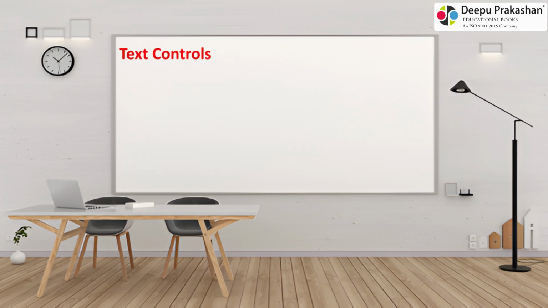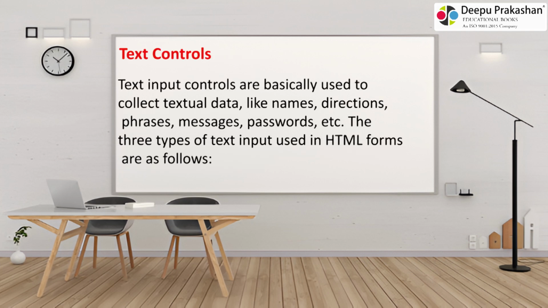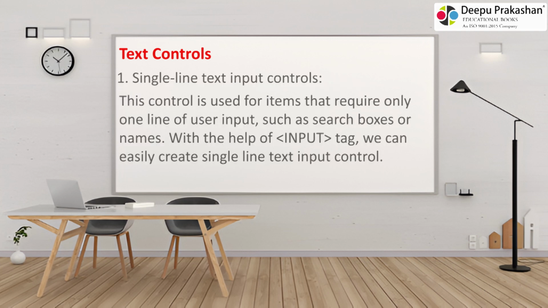Text controls. Text input controls are basically used to collect textual data, like names, directions, phrases, messages, passwords, etc. The three types of text input used in HTML forms are as follows. Single-line text input controls.